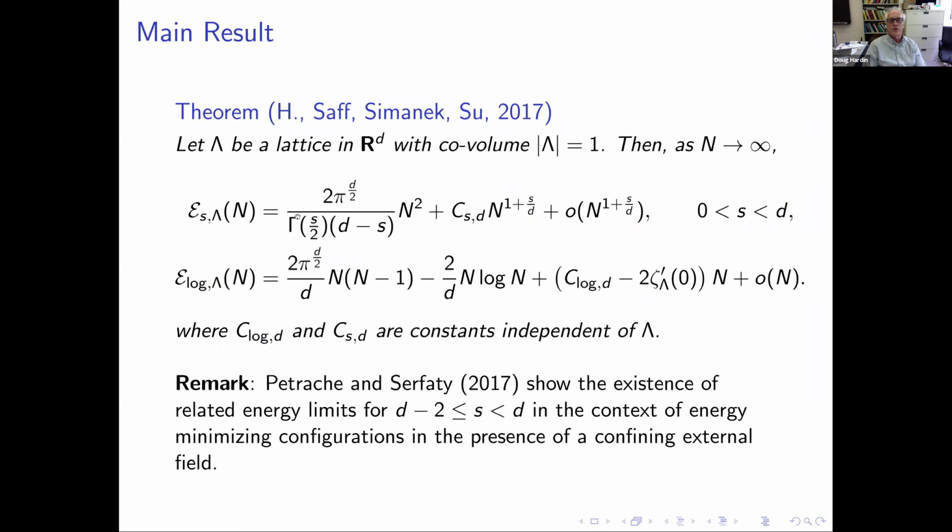This reflects the fact that as n goes to infinity, minimal configurations will be uniformly distributed in omega lambda. That is the equilibrium measure. The Haar measure on the fundamental domain will be the equilibrium measure for this problem.